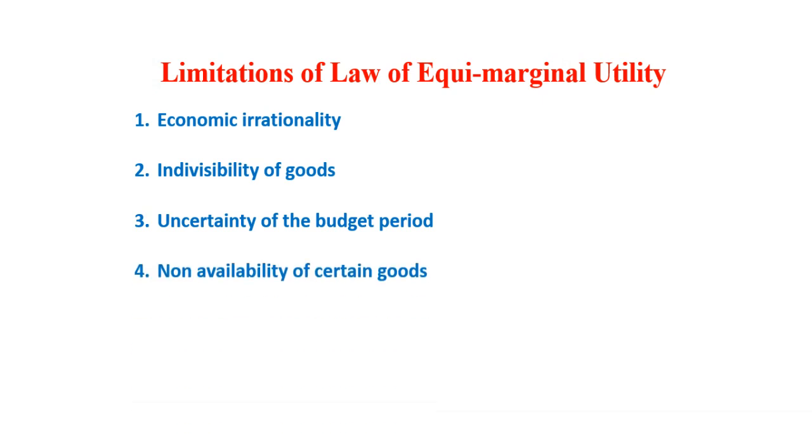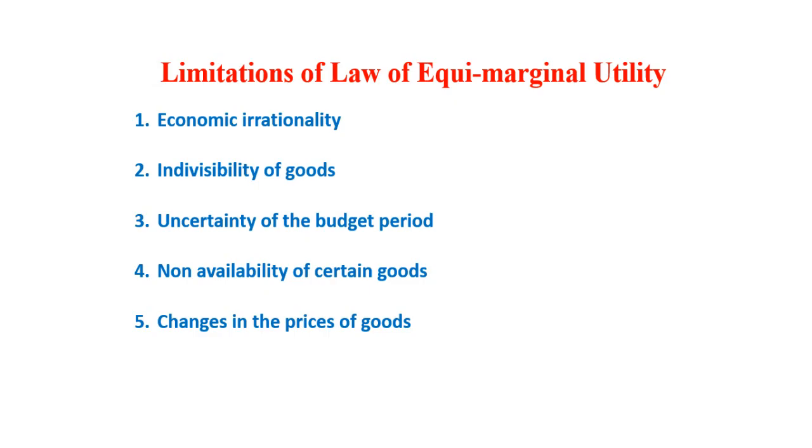Next limitation is non-availability of certain goods. At times, certain useful commodities are not available in the market, so consumers have to buy other less useful commodities in their place. This prevents the consumers from maximizing their satisfaction from their expenditure. The law fails to work.